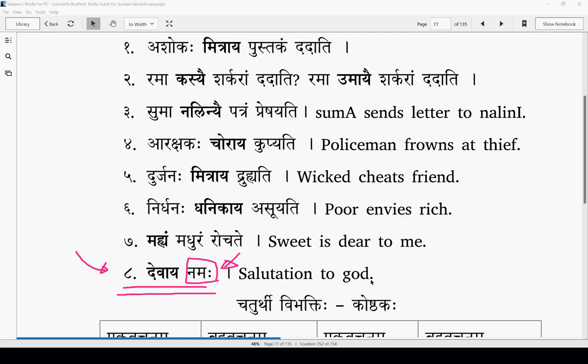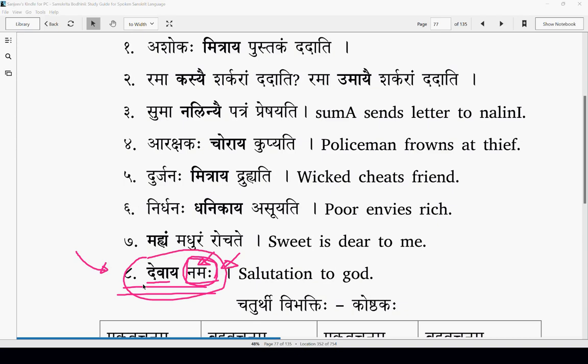That means salutation to God. This Namaha is actually an avyayam. So this is a special case. When Namaha is used, the word for whom you are saluting has to be in Chaturthi Vibhakti.